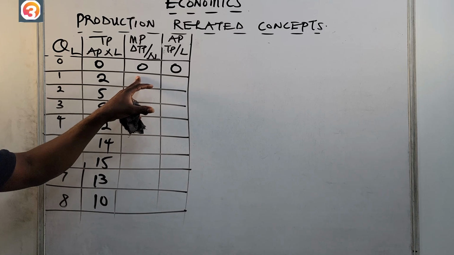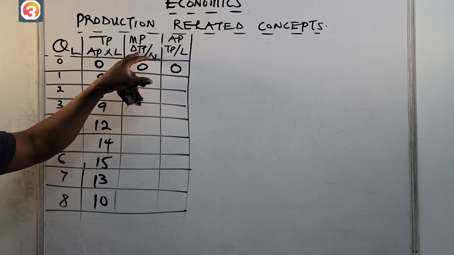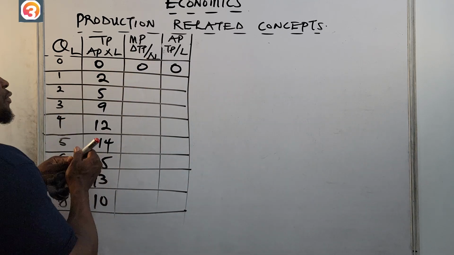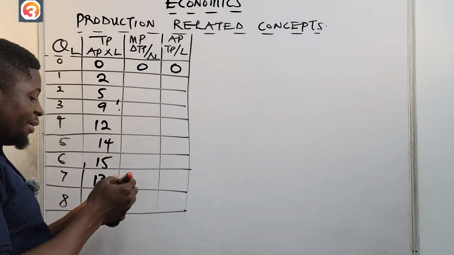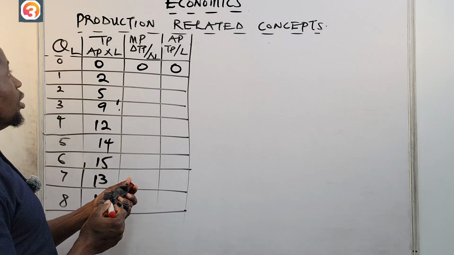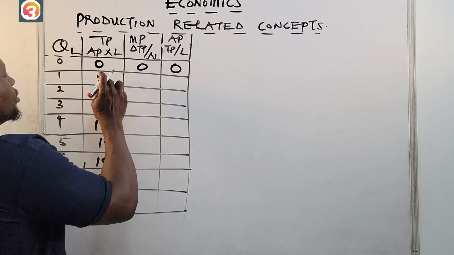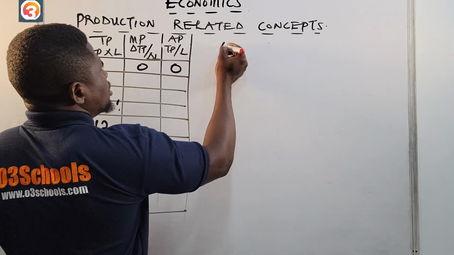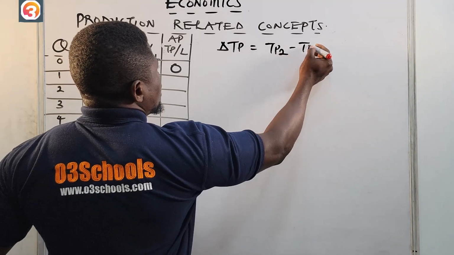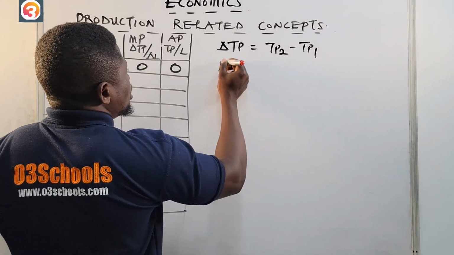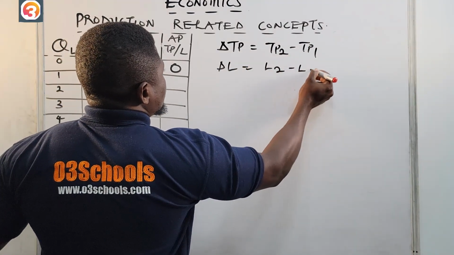What is our MP? MP is change in TP over change in L. Change in TP is TP2 minus TP1, while change in L is L2 minus L1.